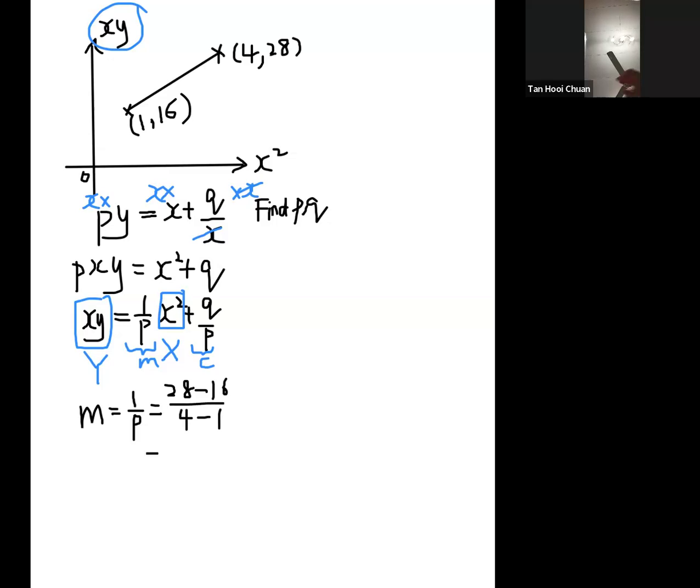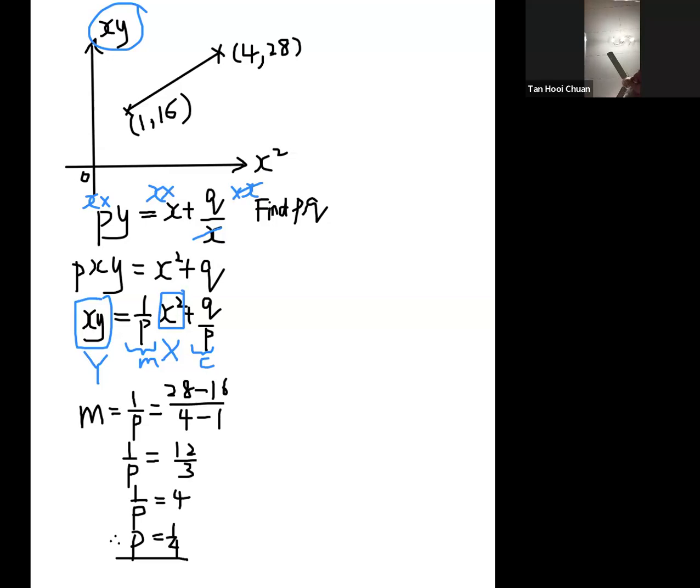Gradient of a straight line, have you learned before during Form 2, I think? Form 3 also got learned. 28 minus 16 above, y minus y above. 4 minus 1, x minus x is below. Here is 12. Here is 4. So p is 1/4.